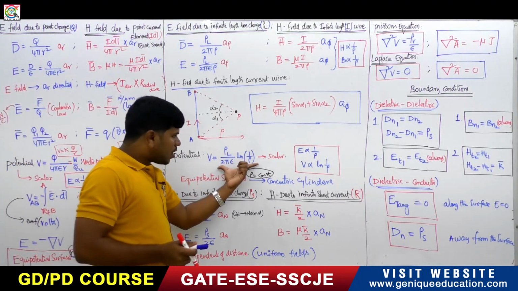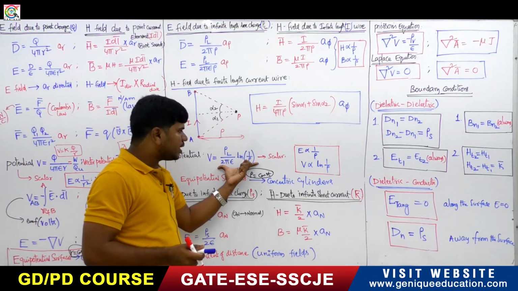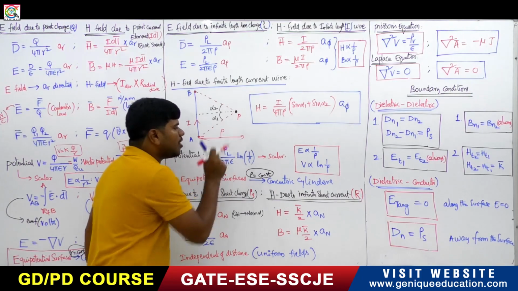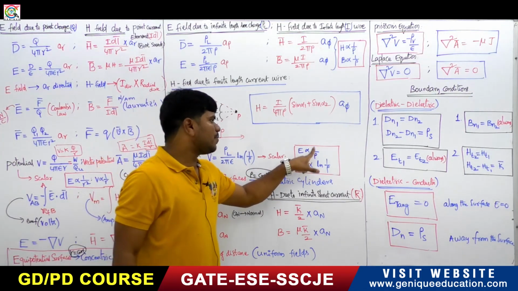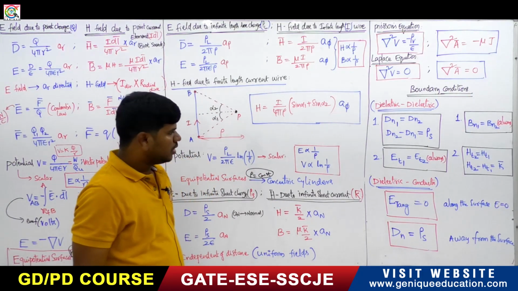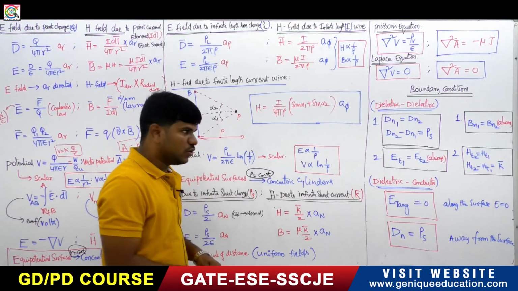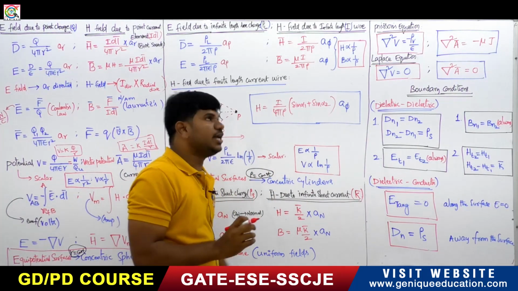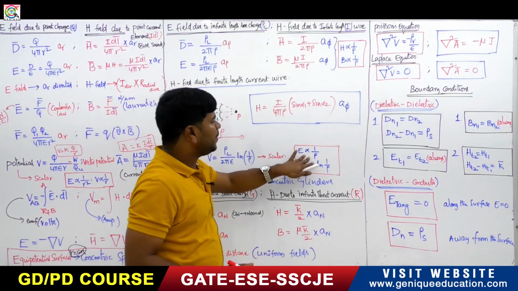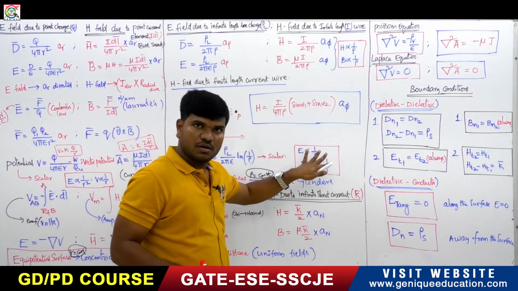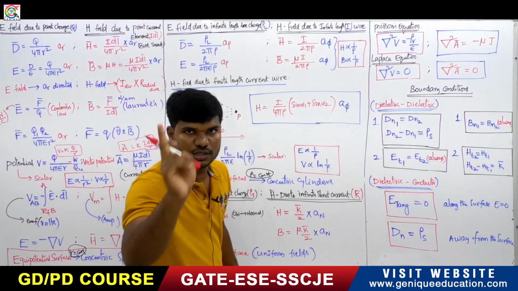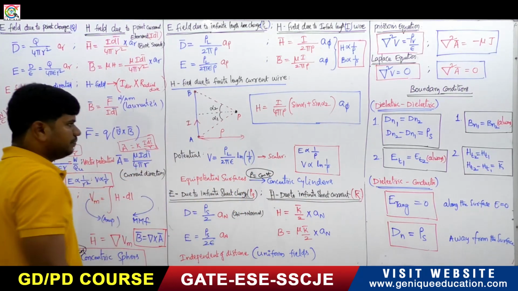So we can say that V is proportional to ln of 1 by rho, while E is proportional to 1 by rho. For the infinite length line charge, E is proportional to 1 by rho and V is proportional to ln of 1 by rho. This is the point you have to understand.